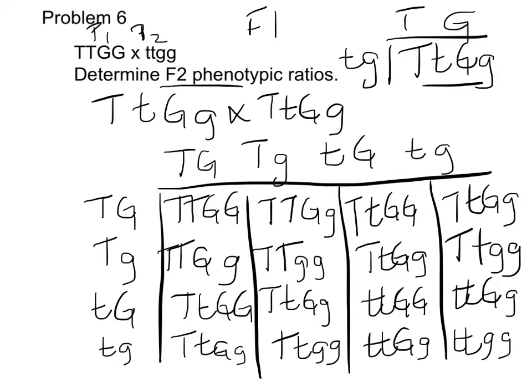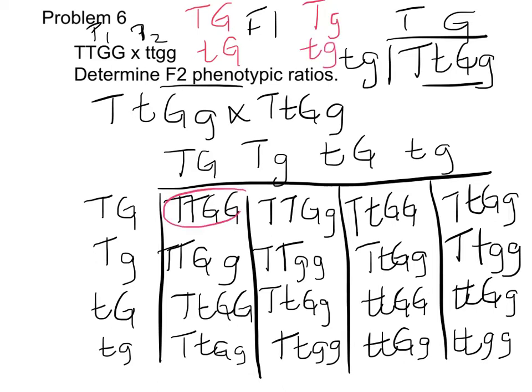Now that the Punnett square is complete, we can then determine the F2 phenotypic ratios. The possibilities that we have are tall and green, short and green, tall and yellow, short and yellow.